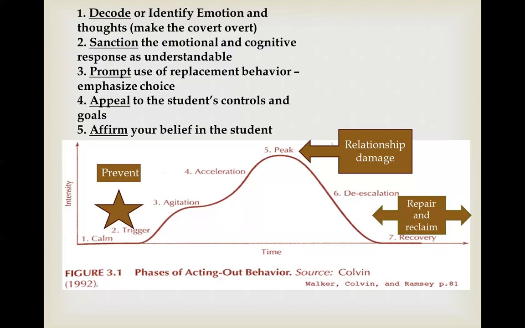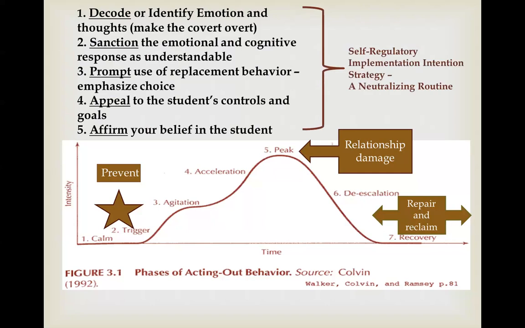That calm to trigger to agitation is the stage at which it's going to be determined whether the Colorado River runs down the path it's always run, or whether, due to the trust and respect and the relationship that you've built with the child because of the repair and reclaiming work you've done at the back end, they will accept your support at that moment and choose the alternate behavior. Choose to take the left-hand turn and go through the canyon wall.